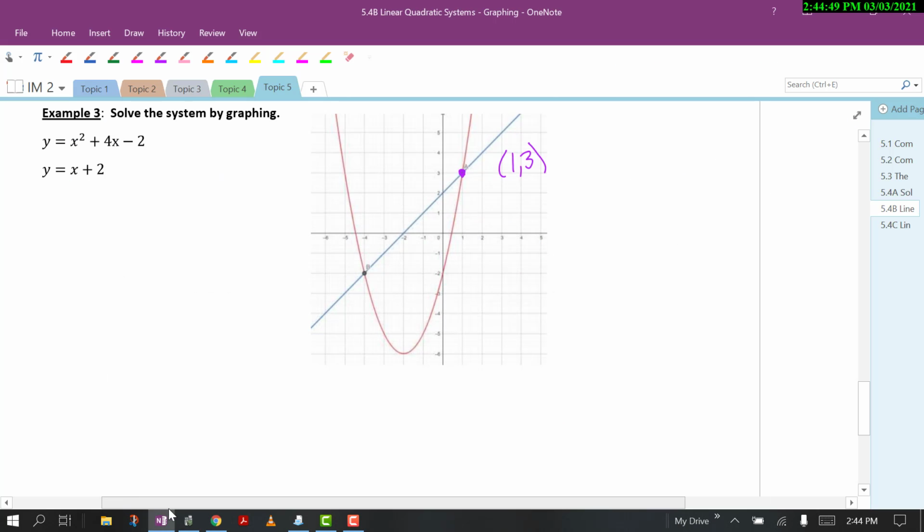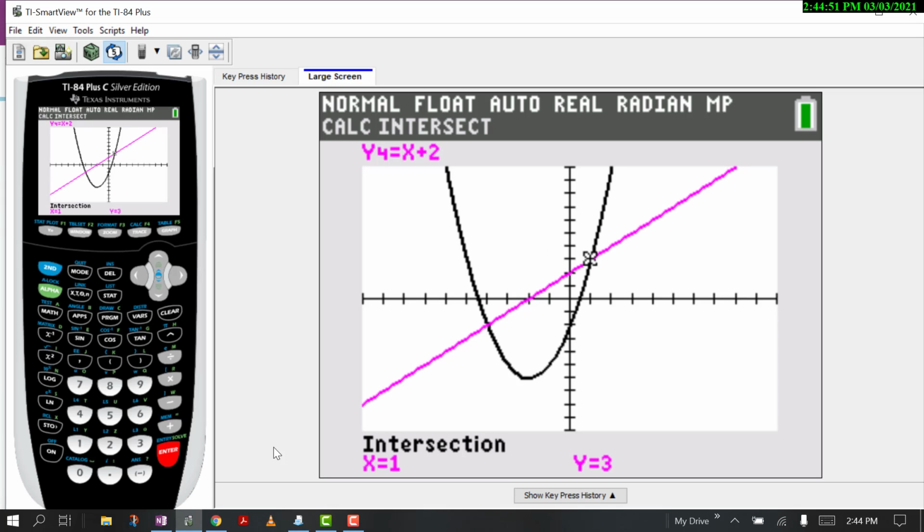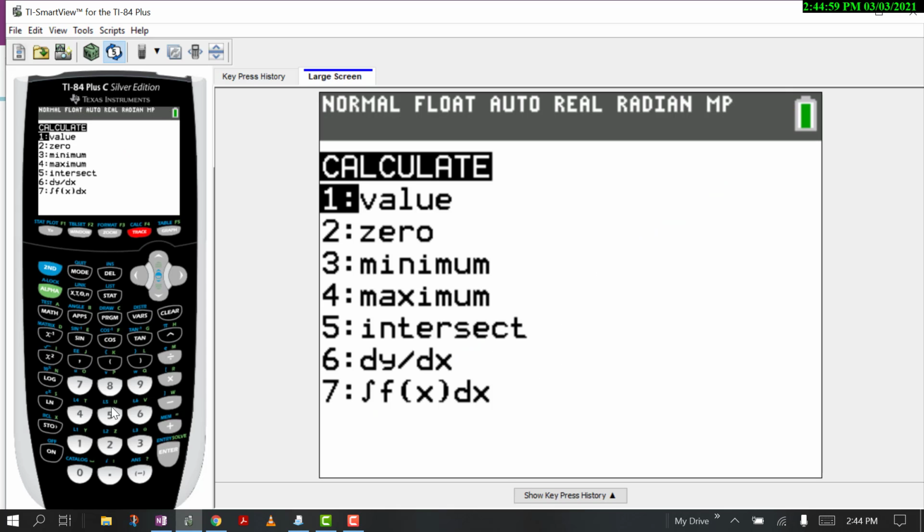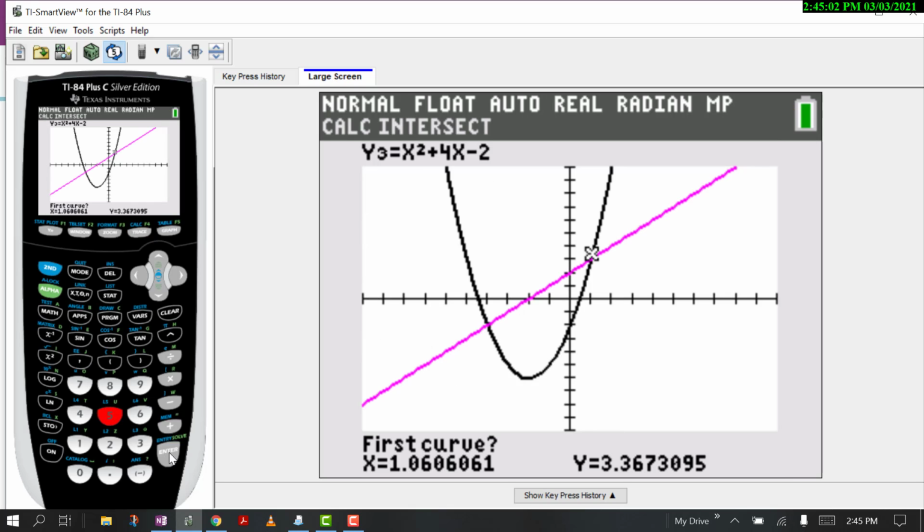And this is useful even if our answers aren't integers. Even if they're super nasty, we can find it this way. So second, calculate. Go to our intersect. First curve, the black parabola. Second curve, the pink line. And then we need to take a guess. Well, we know the x value is over here somewhere.